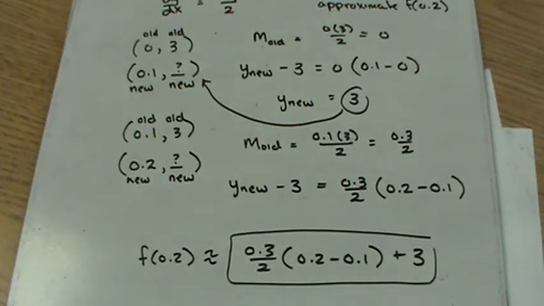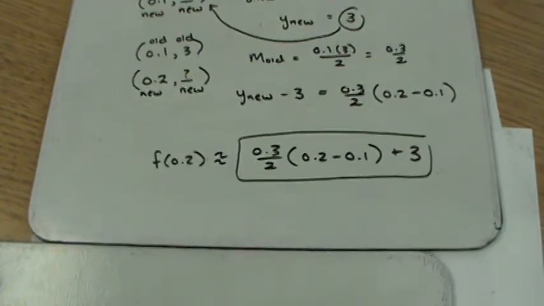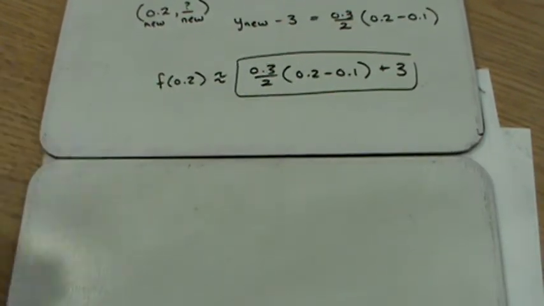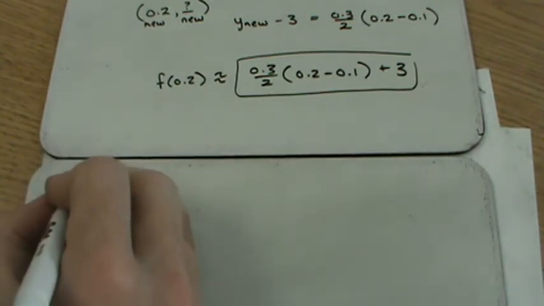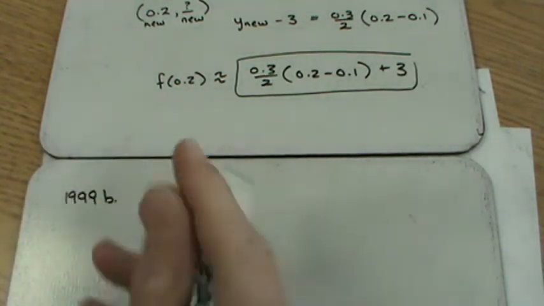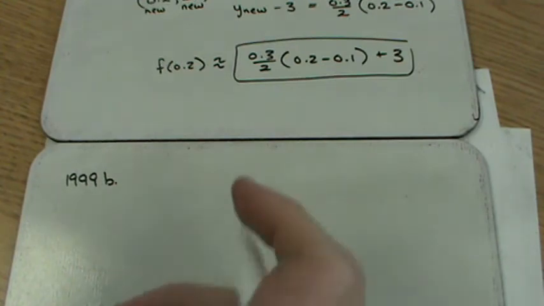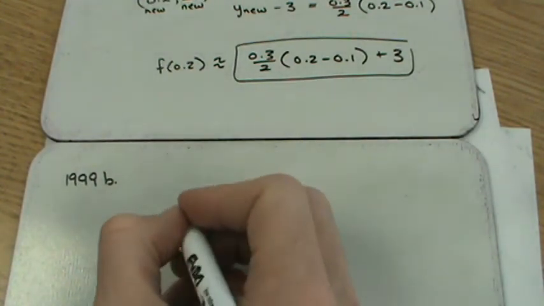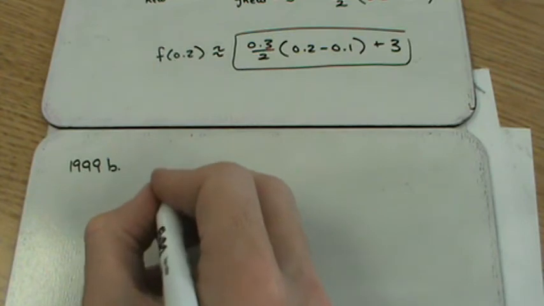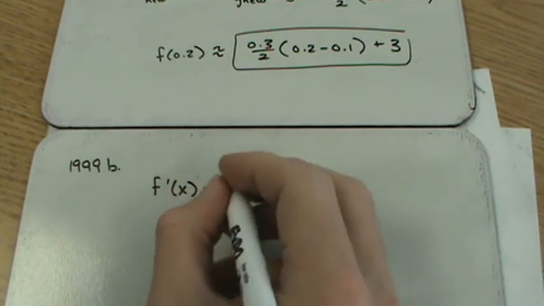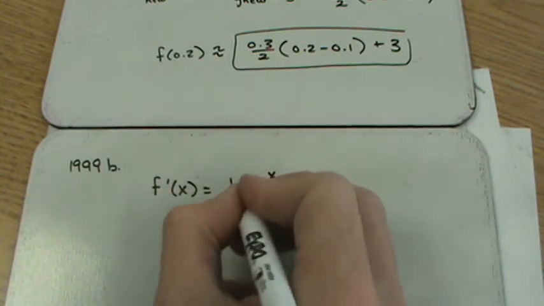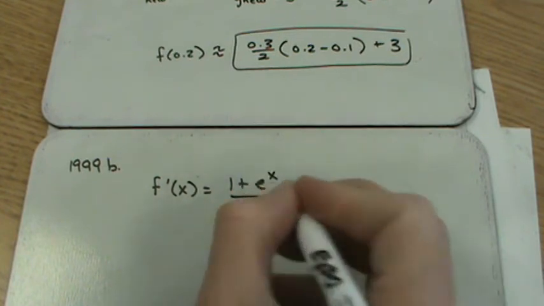All right. Let's go ahead and do one more example here before I let you loose and do the rest of them. We're going to go ahead and look at 1999 B, which is right below it. This time they give us the differential equation, f prime of x equals 1 plus e to the x over x squared.